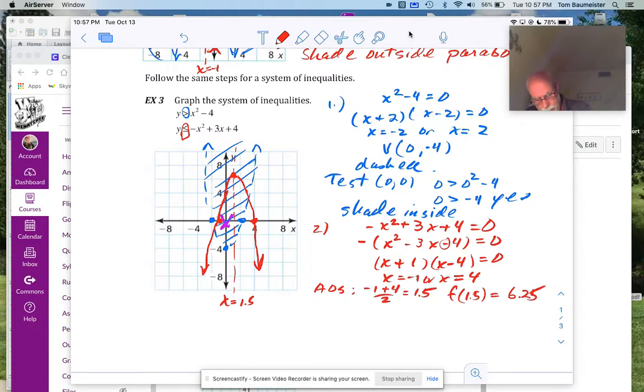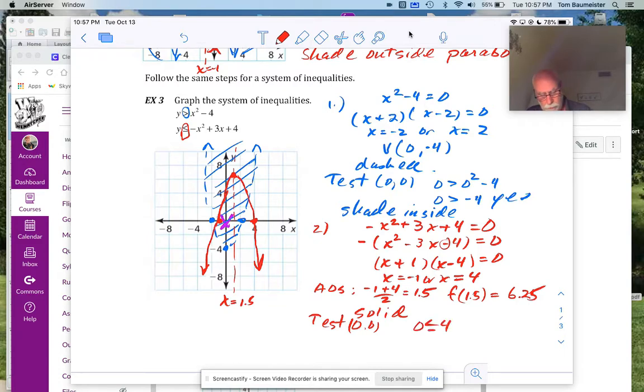Again, I can test 0, 0, because it is inside there. So if I test 0, 0 there, so let me tell you, we made it solid. And when we test 0, 0, okay, we'll get that 0 is less than or equal to 4.